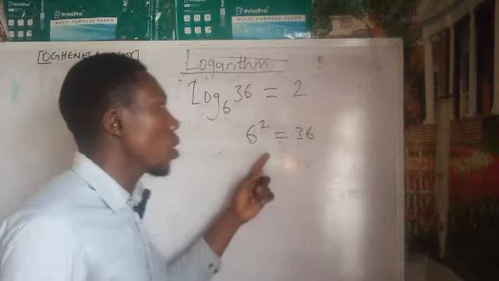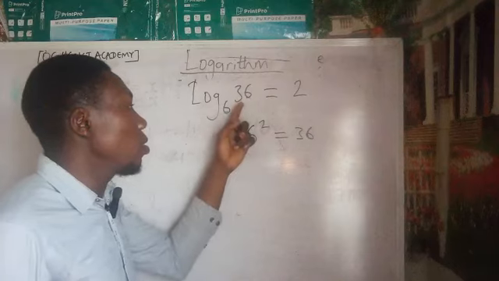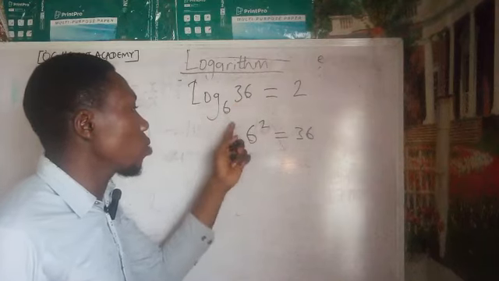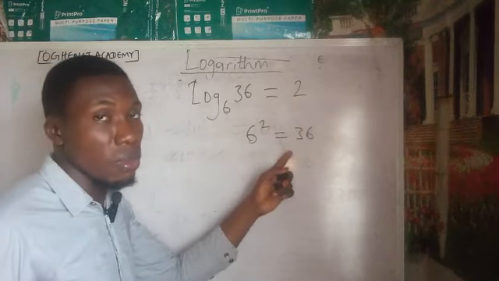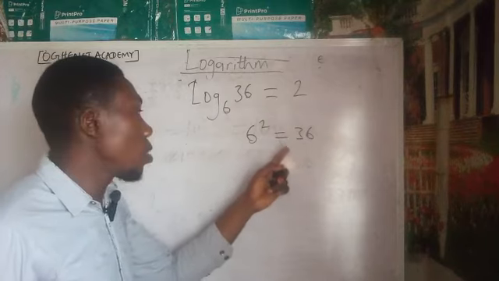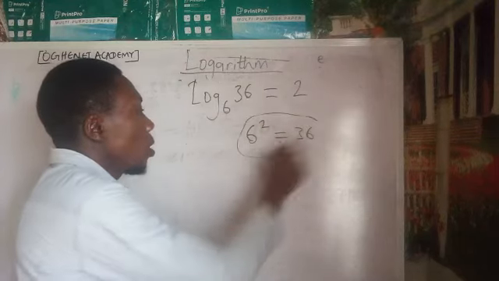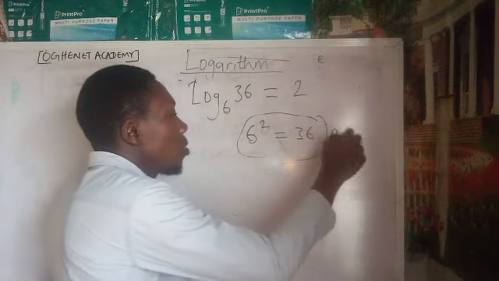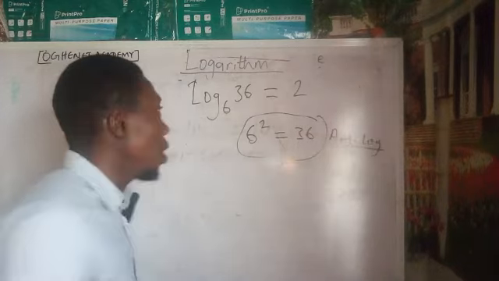Now from this you can see that this is actually the reverse of this. The reverse of this is this, and this is normally called the anti-log. Anti-log in mathematics. It's normally called the anti-log.